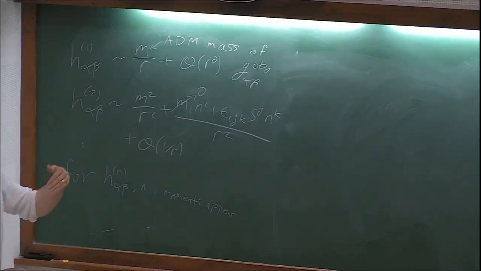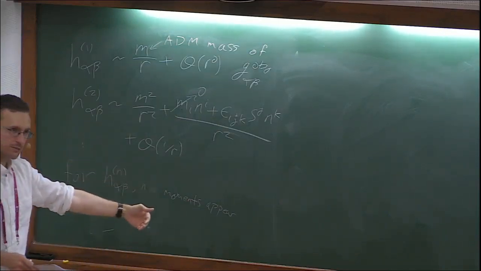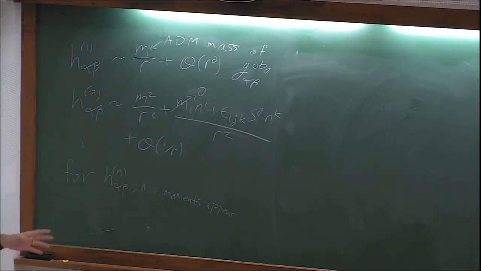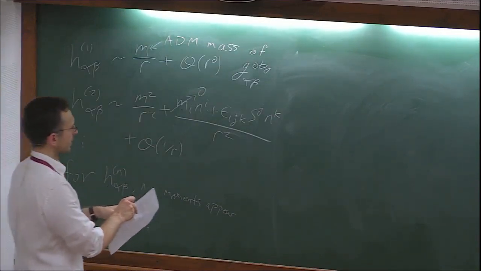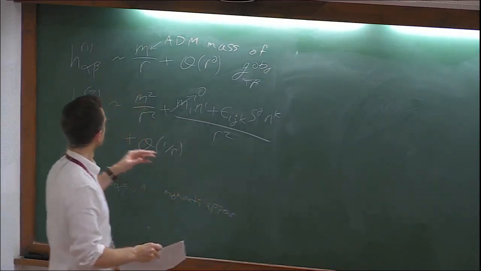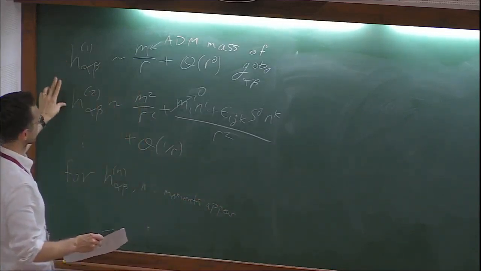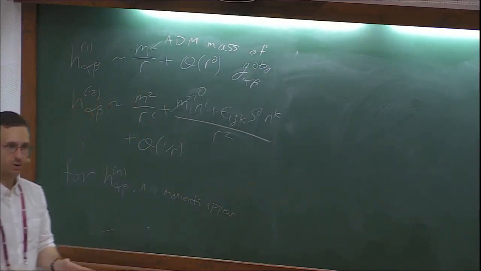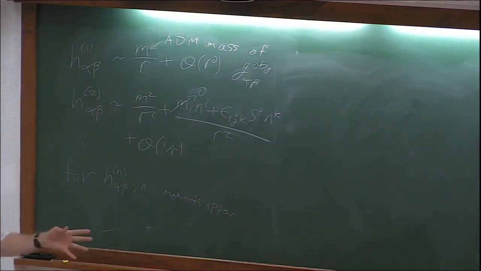That would change if you then go to third order, where the quadrupole moment appears. The reason is that we're going to be working outside of the object, just solving Einstein equations for H1 and H2 in vacuum. And the Einstein equations do not determine the evolution of the quadrupole moments.